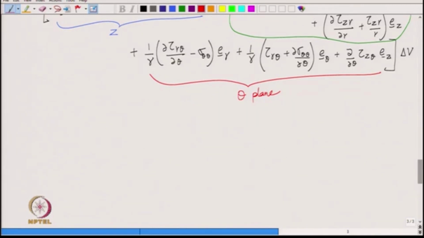Okay. And let us think of decomposing the body force not along E_1, E_2, E_3, but along E_r, E_θ, E_z. Okay.